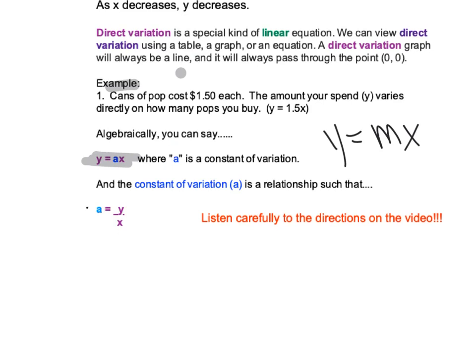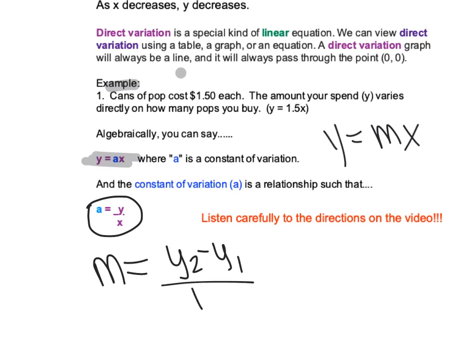And if you look down here, it talks about what a equals: the ratio y over x. And if you think back to what slope was, back in Algebra 1 and earlier in this class also, it was the change in y over the change in x.